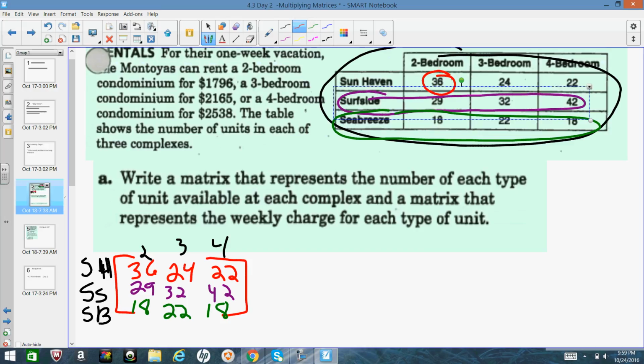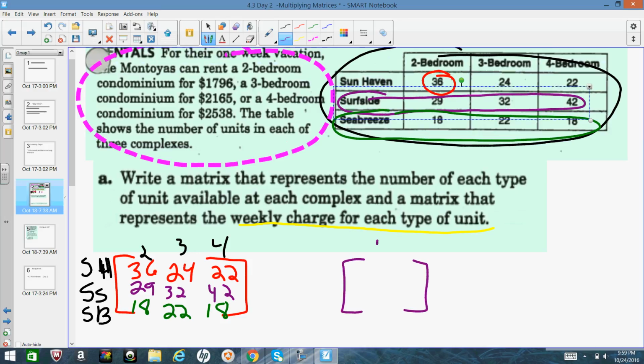I now need to write a matrix for the weekly charge. And this comes from my reading in here. So again, I'm writing it for my weekly charge. So this is WC, and for my weekly charge, I can either charge 2 bedrooms, so 2B, 3 bedrooms, and 4 bedrooms.